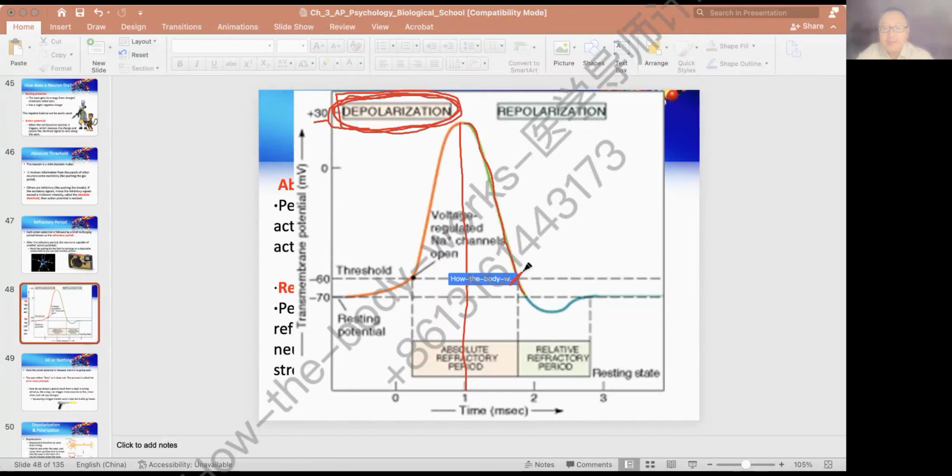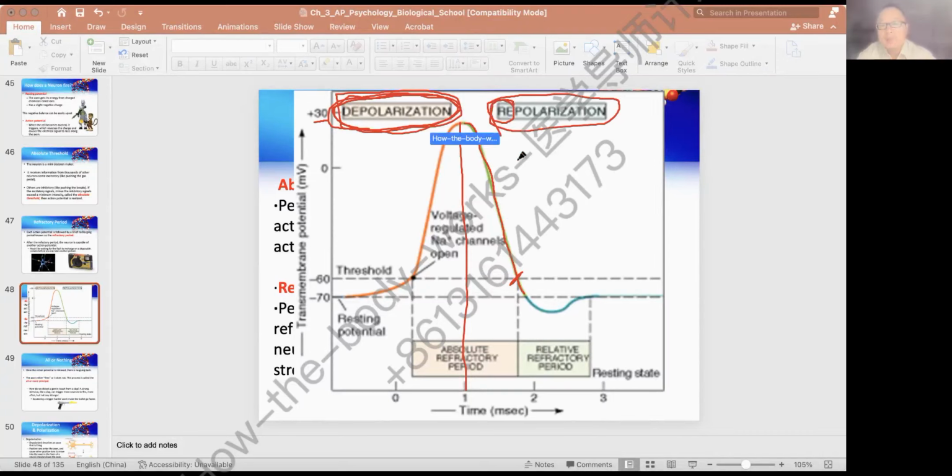I think this process is just the opposite of depolarization, right? So this process is called repolarization. Re means again.